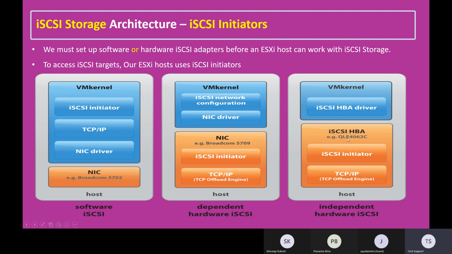Here I mentioned one example model. The model is QLogic 4062C. This is the model number. This is also by default supported for iSCSI initiator and TCP/IP offload engine. With this hardware card, you can directly enable the VMkernel IP address. It will detect with an iSCSI HBA driver.